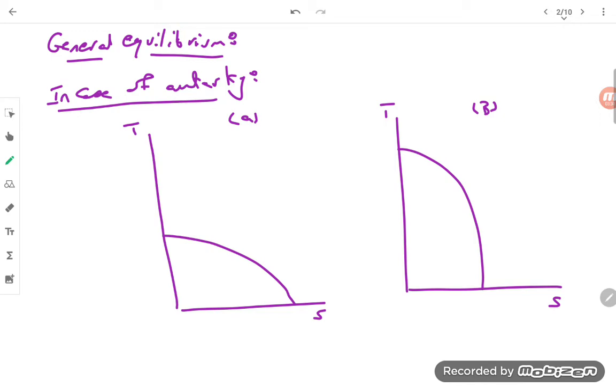Before international trade, general equilibrium will be achieved when the PPF is tangent to the price line and the CIC.